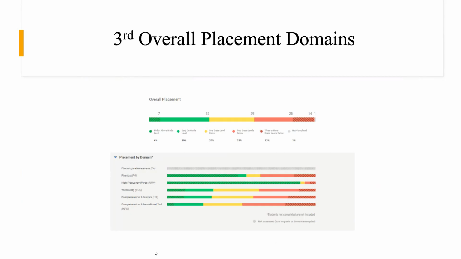As you can see, our third graders scored fairly well in high frequency words and not too far behind in phonics. Phonological awareness is grayed out due to them being in third grade. There are things that need to be looked at as it relates to vocabulary and both comprehension categories.